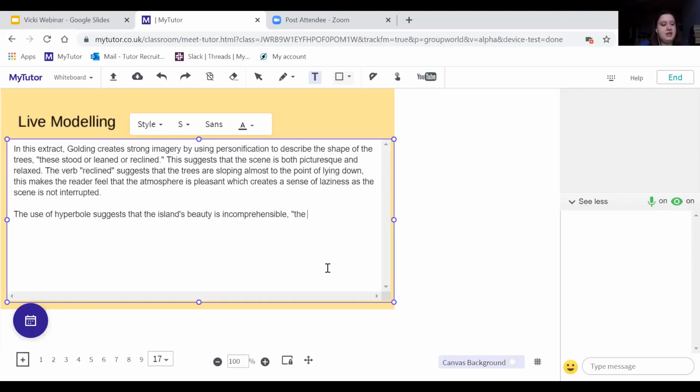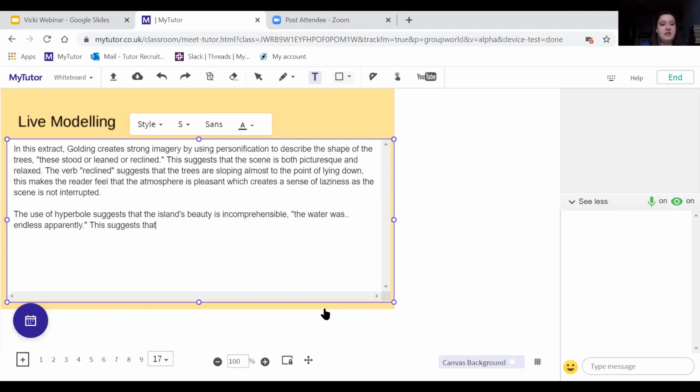So then I'm going to put in the water was, and then I'm going to put dot dot dot because I don't want to put absolutely everything in there. So I'm going to remove some unnecessary information. Was endless, apparently. So this suggests, now I'm going to move on to Ralph.